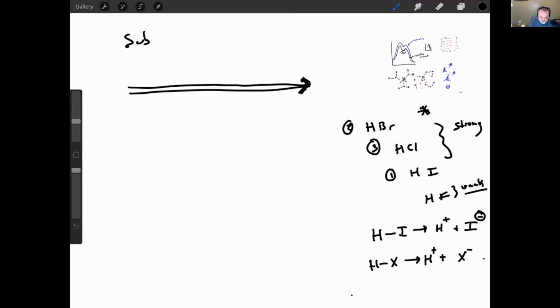And so when it comes to the substrate and it comes to reactivity towards SN1 and E1 reactions, we get RF being the least reactive, and RCl, then RBr, and then RI in this direction.